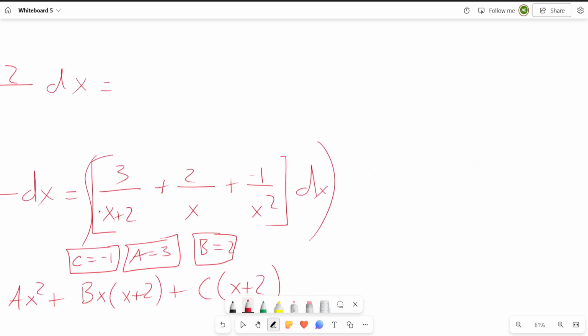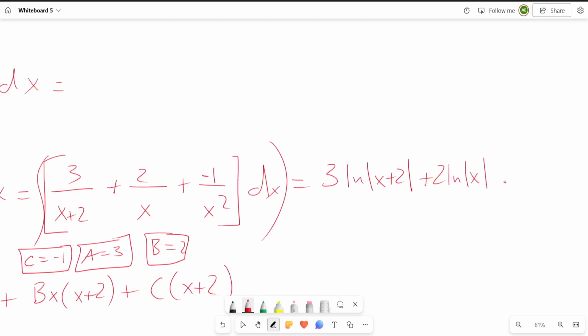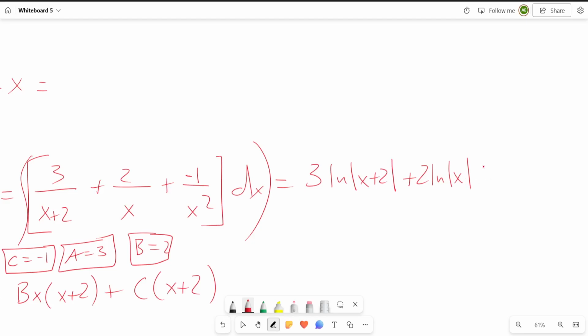So the integration of 3 over x plus 2 is basically 3 ln of x plus 2 under the modulus. This is called modulus because we cannot have a negative value inside the ln function. Plus integration of 2 over x is basically 2 ln of x, and then this over here is the same as integration of minus 1 times x power negative 2 dx.